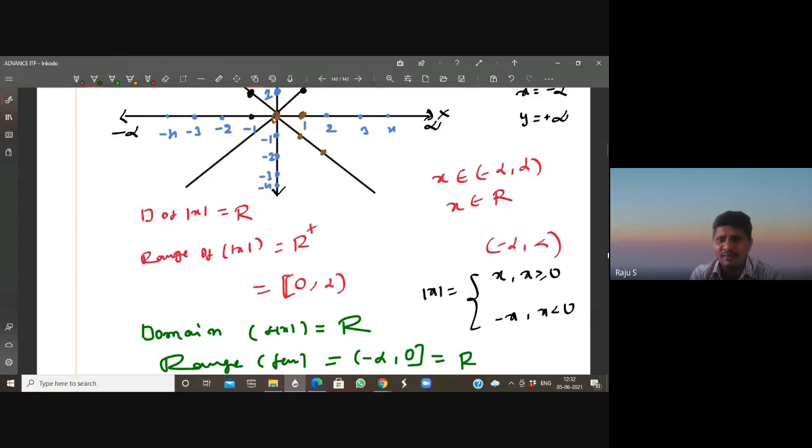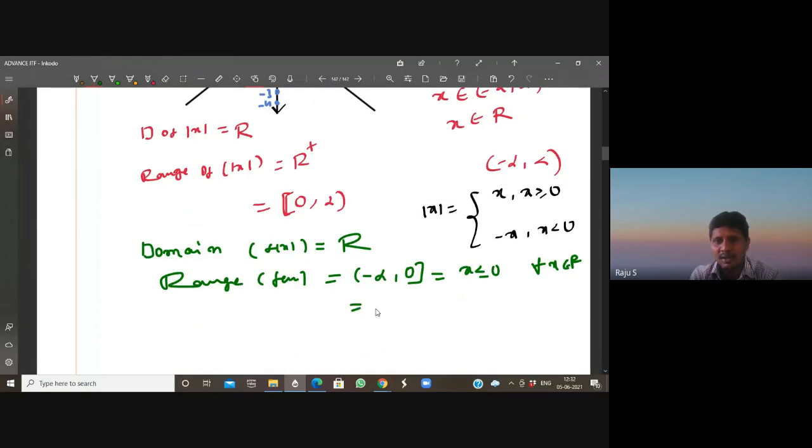We can write in many ways. One way is x lesser than or equal to 0 for every x belongs to R. We may also write R minus the open interval 0 to infinity.